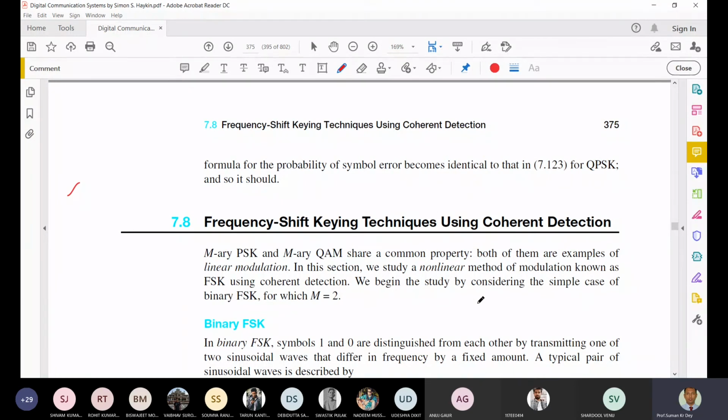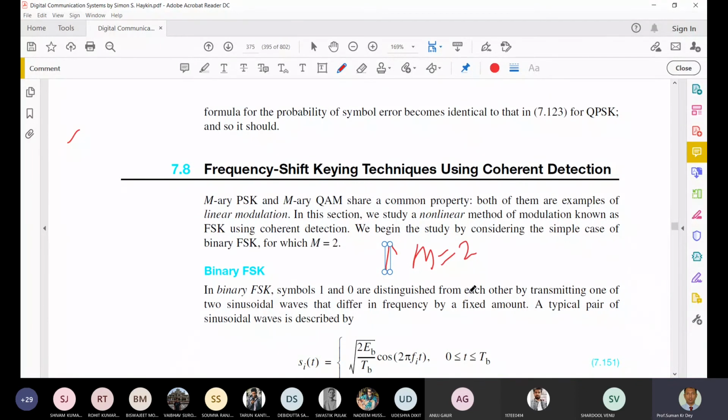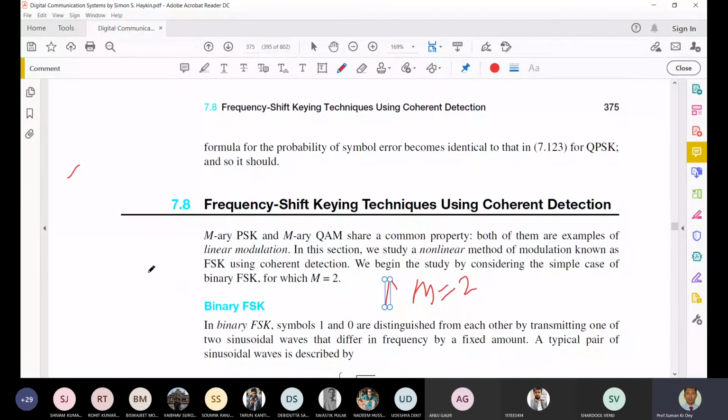Okay. So in frequency shift keying, when we talk about binary FSK, M equals 2. That means there are 2 points, one for symbol 1 and another for symbol 0.